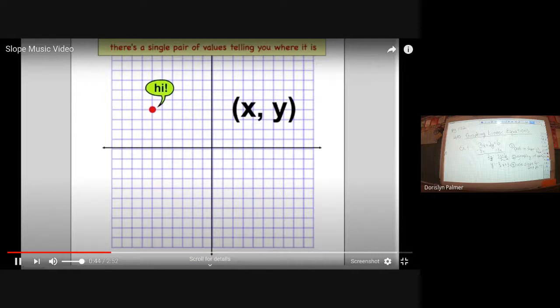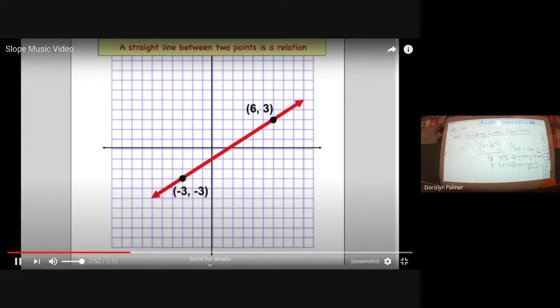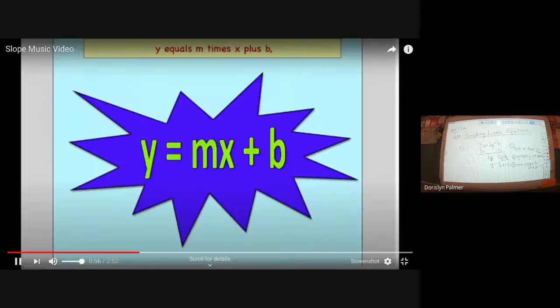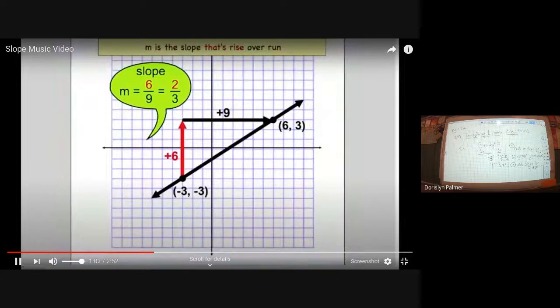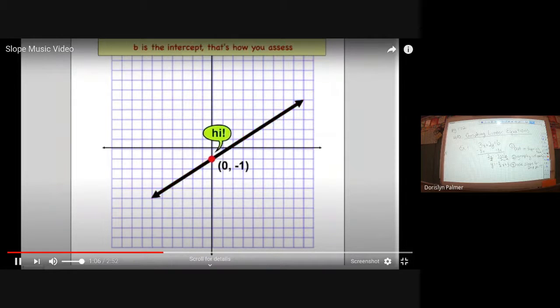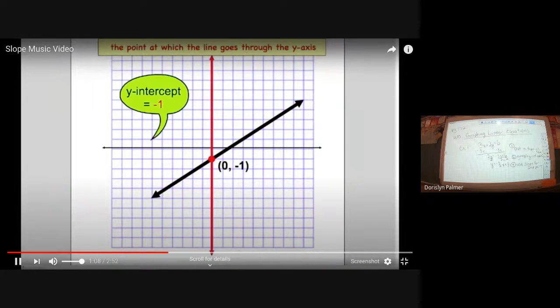There's a single pair of values telling you where it is. This X coordinate goes from side to side. The Y follows the comma to define the points. A straight line between 2 points is a relation. You can represent it with a linear equation. Y equals M times X plus B. If you want to know the variables, listen to me. M is the slope, that's rise over run. It tells you how steep the line is going to become. B is the intercept, that's how you assess the point at which the line goes through the y-axis.